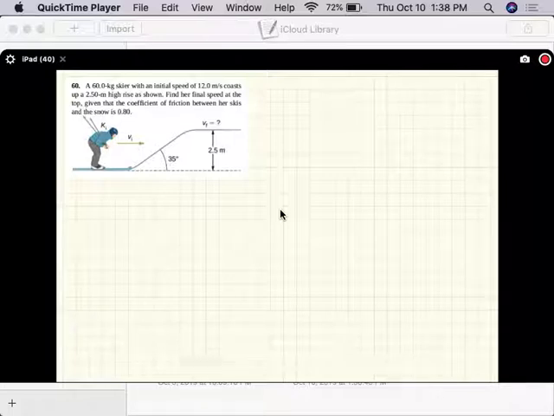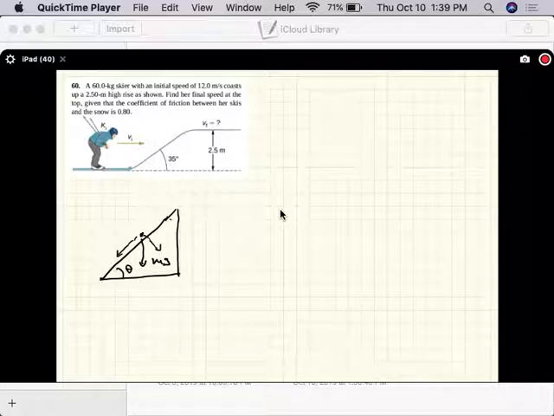All right, let me do something here first. Here's just the slope. What we'll have to do is put her on the slope. There's her weight, and there's theta.